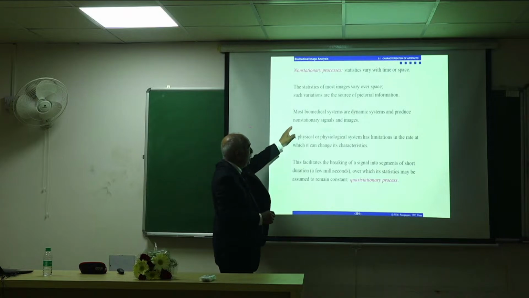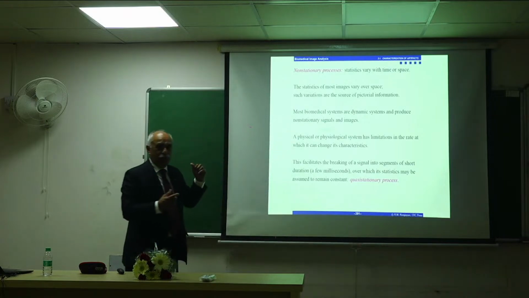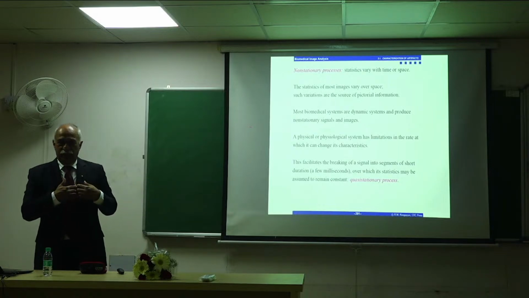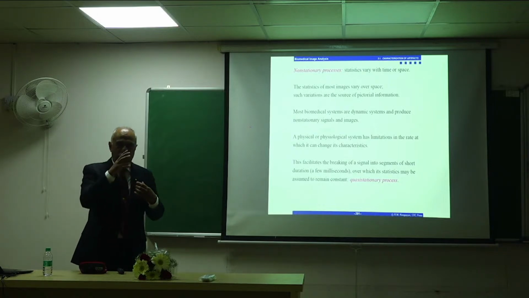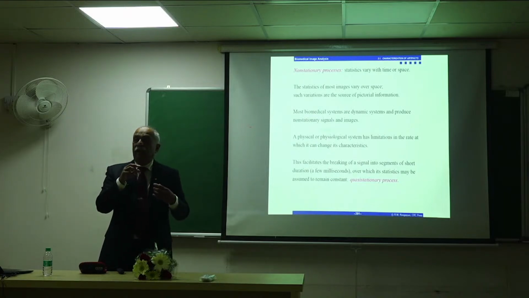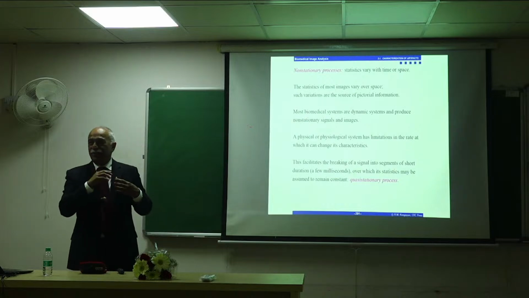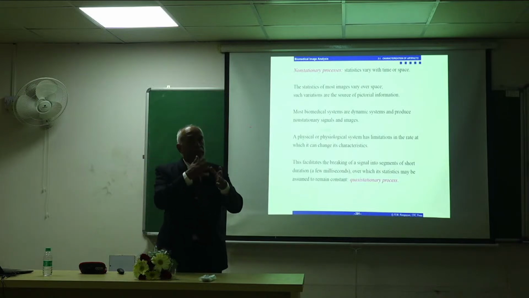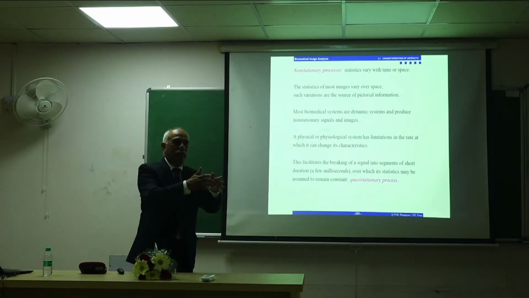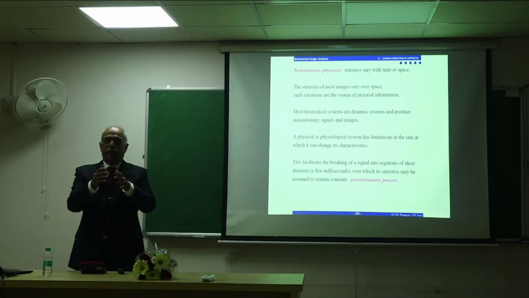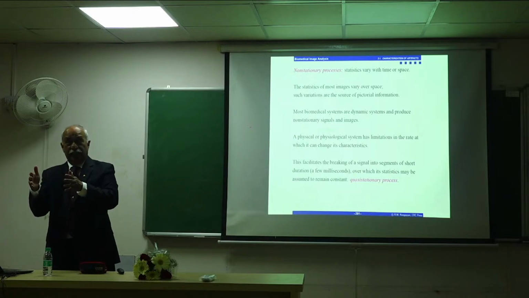So biomedical systems are dynamic and produce non-stationary signals and images. In the case of heart sounds, you have the first sound, the lub-dub, the first heart sound, second heart sound. There could be murmurs in between, some whooshing, swishing sounds in between, with blood going through some constricted space. Then there is high frequency noise. Low frequency first heart sound, high frequency noise, a little medium frequency second heart sound, maybe low frequency diastolic murmur.